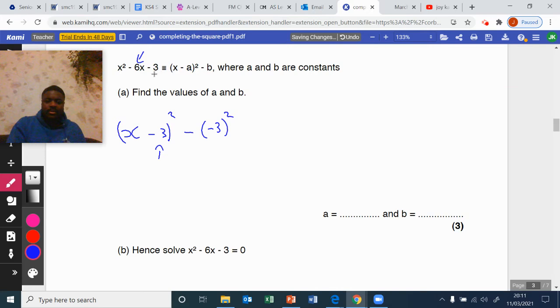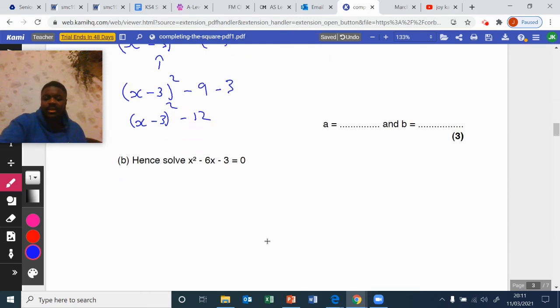And then we put the minus 3. So we have (x minus 3) squared minus, and then minus 3 squared is positive 9. So it's minus 9 because of this minus out here. Minus 3. That simplifies to (x minus 3) all squared minus 12.